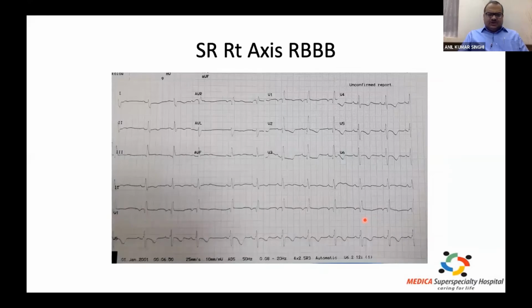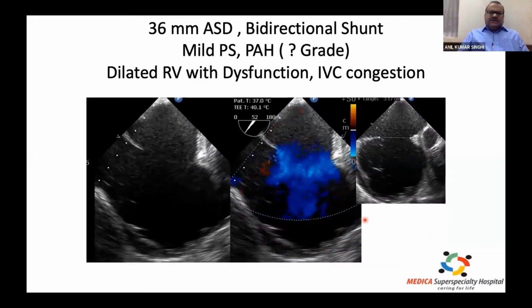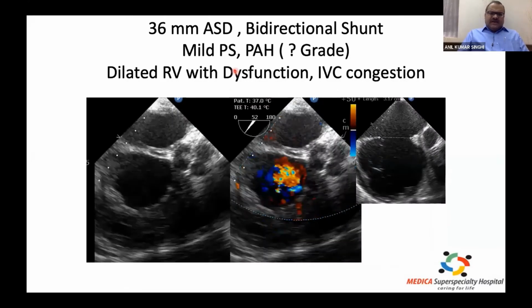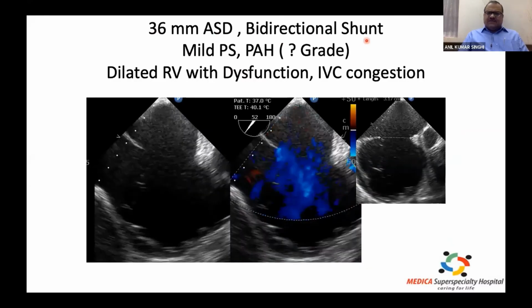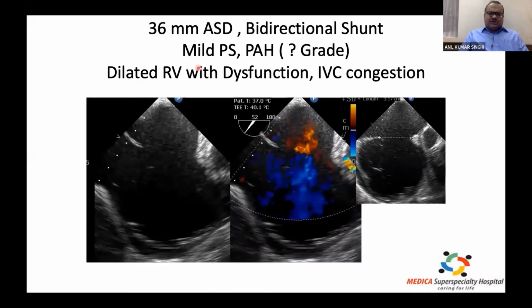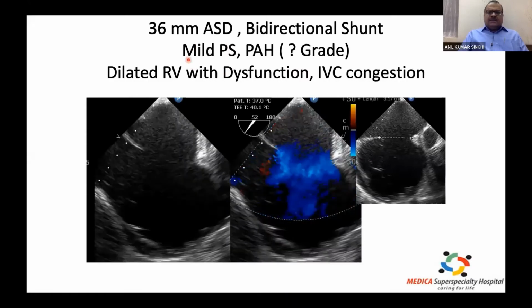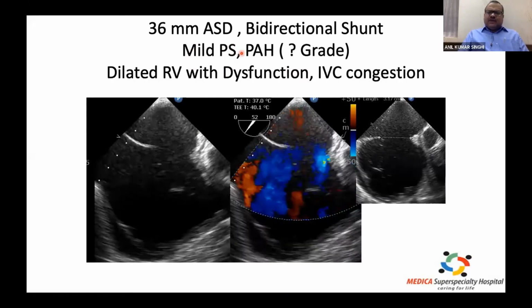The ECG showed sinus rhythm with right axis and RVH pattern. Now this ASD was again a big ASD, 36 millimeter with bidirectional shunt. There was mild pulmonary stenosis, but the TR jet was not very good.